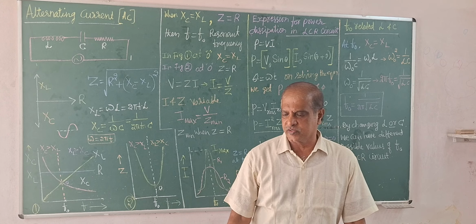But to access only one frequency, only one broadcast, these AC signals must pass through the LCR circuit, where it filters out all the frequencies and allows only the one frequency of our interest, one broadcast station which you want to access.